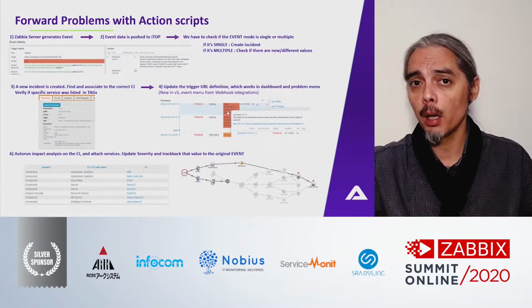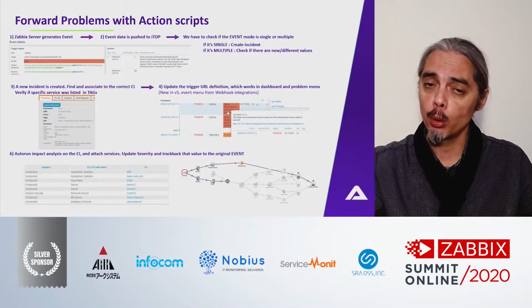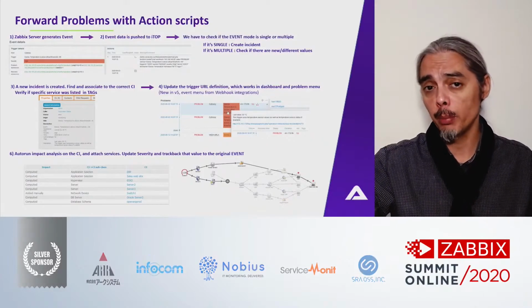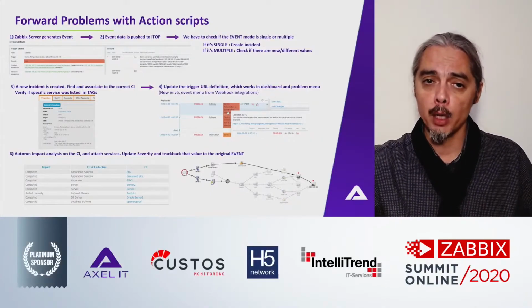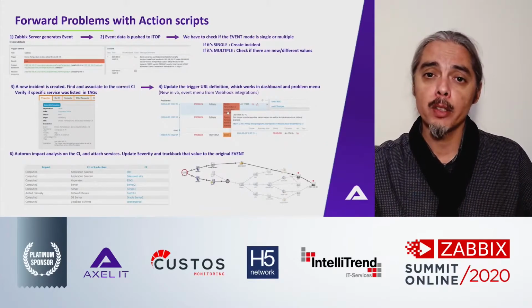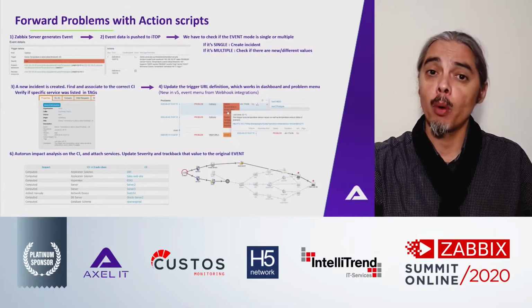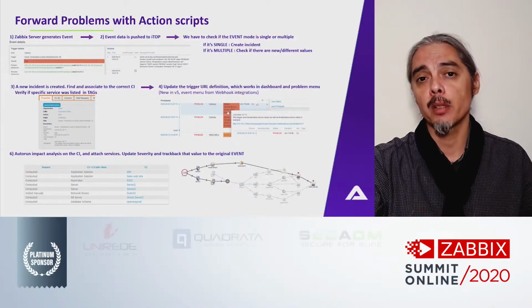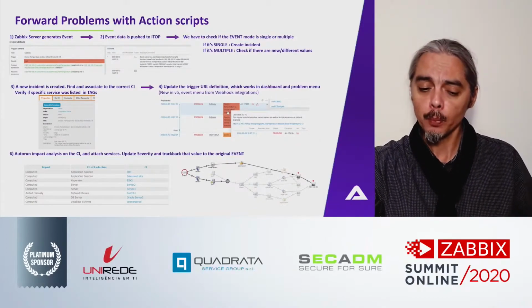We then check if the event mode, the trigger definition mode, is single or multiple, and add some logic to manage that. And we're going to find the correct CI that corresponds the most to the host Zabbix sent the problem for.